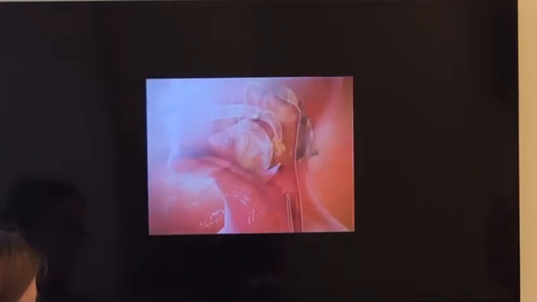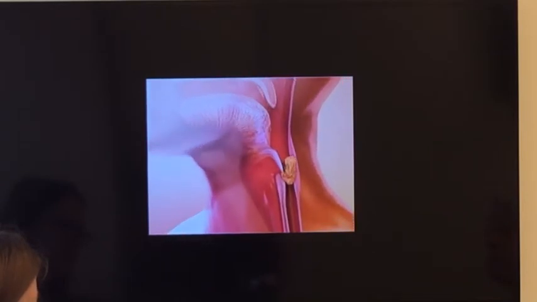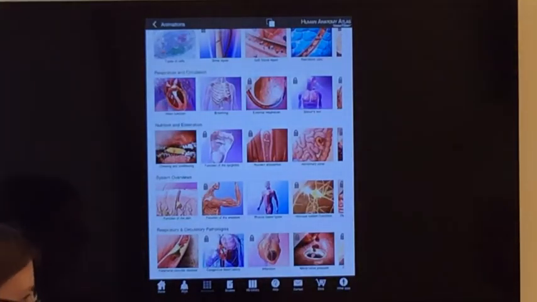The next steps are involuntary. The bolus passes through the pharynx, the epiglottis closes off the trachea, and peristaltic waves move the bolus into the stomach. So it really helps them to watch the peristaltic waves as your food moves down the esophagus. Just saying that to somebody, it's hard for them to understand, but visually they can see it now.